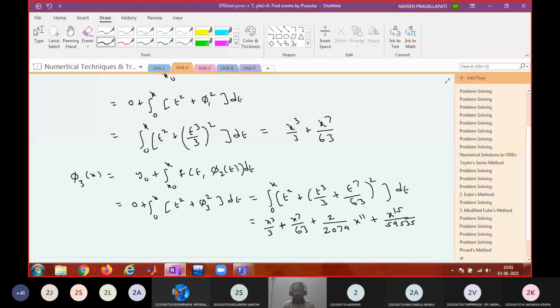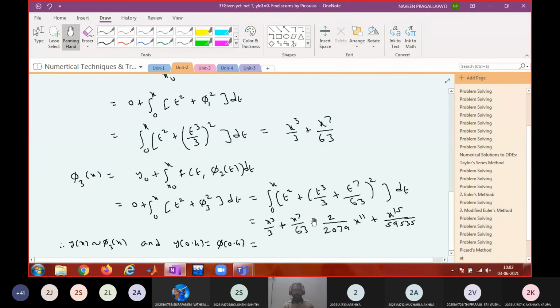Okay, now you can stop, because later squaring phi 3 is quite difficult. Squaring it will take a lot of time. That's why we'll stop the iteration process and say that y of x is approximated with phi 3 of x, and y of 0.4 is equal to phi 3 of 0.4.